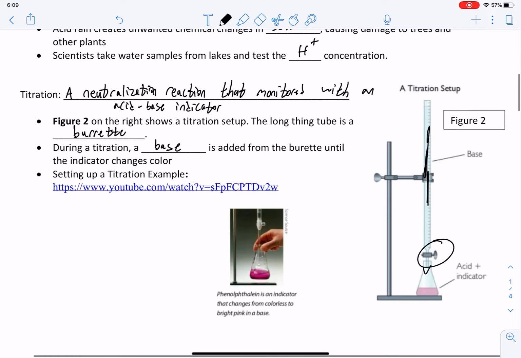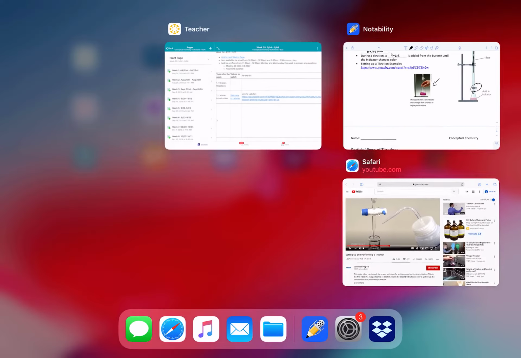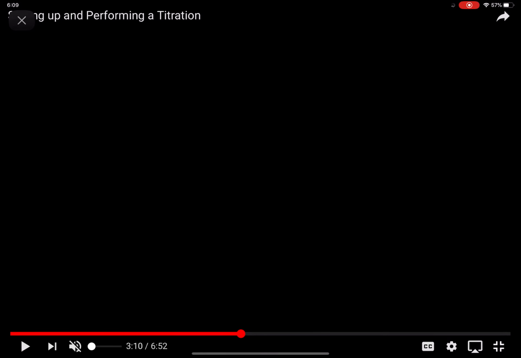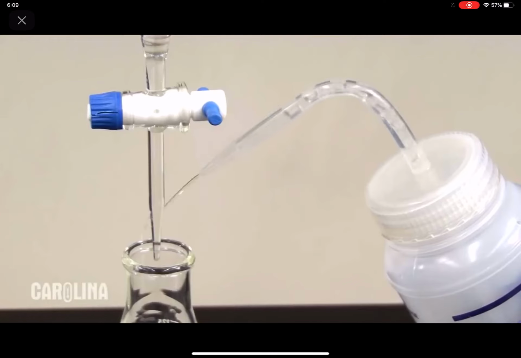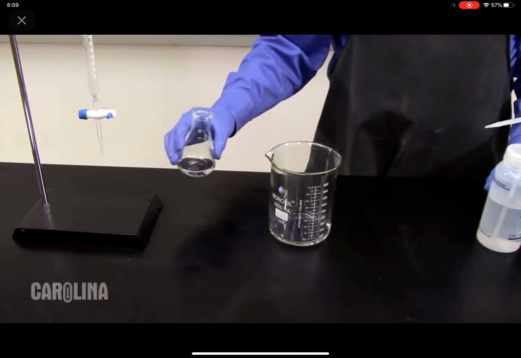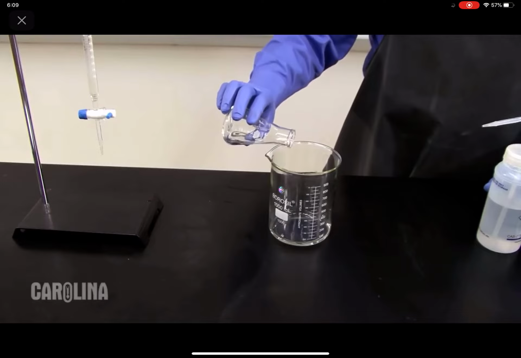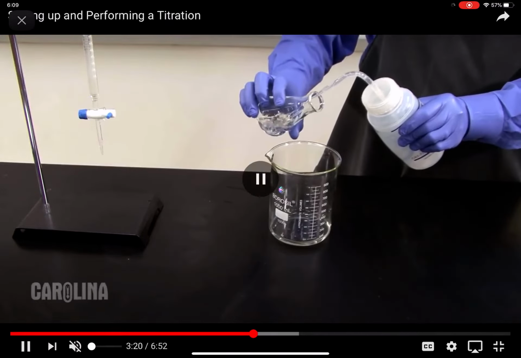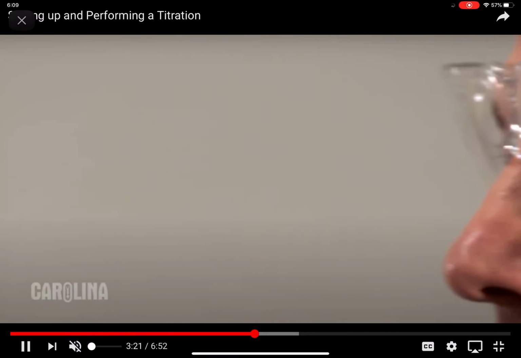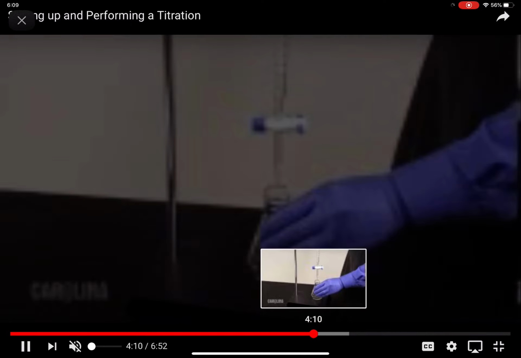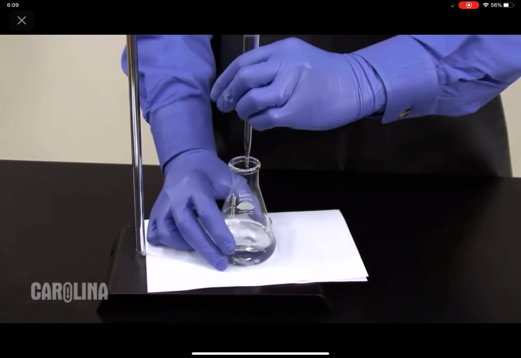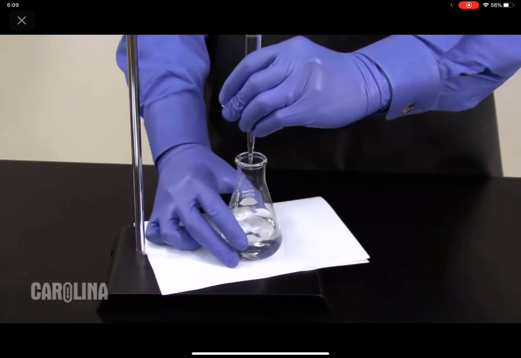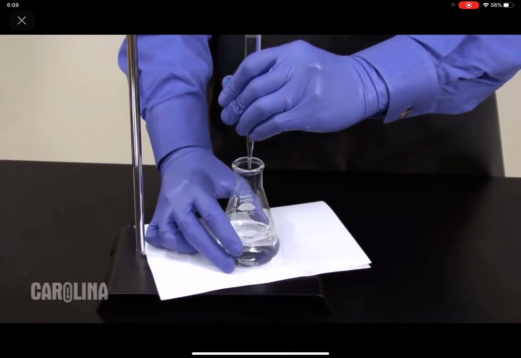So we're going to watch a brief example from this video, and we'll go through it together. All right, so I jumped ahead. Okay, so you have this base, you have an acid in this beaker, and then you combine it with water, you rinse it off, and then let's see if we can get to the titrating part. Okay, so you turn the handle on and you start mixing up the solution as the base is being added.